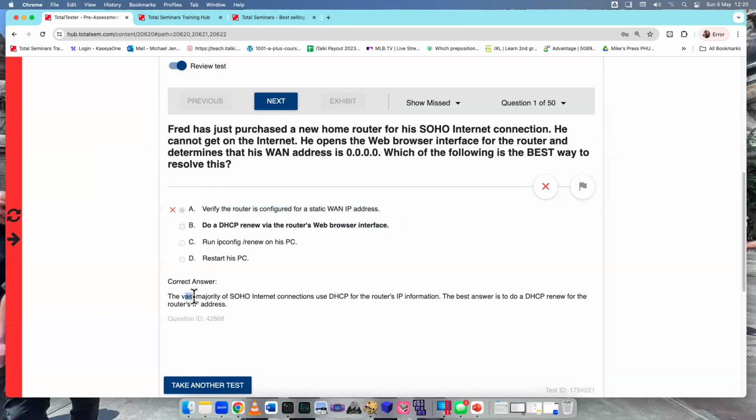The vast majority of SOHO internet connections use DHCP for router IP information, so the best answer is to do a DHCP renew for the router's IP address. I don't know, I usually set up the modem by static entry from an ISP. I guess it's automated. Anyway, I missed that one. Next.